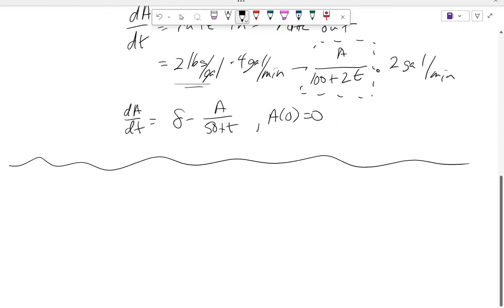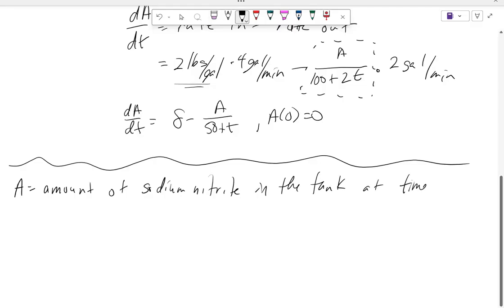So in this example, same setup. Let's let A be the amount, in this case, of sodium nitrite in the tank at time t. We've got 2 gallons of stuff coming in and 1 gallon of stuff going out.